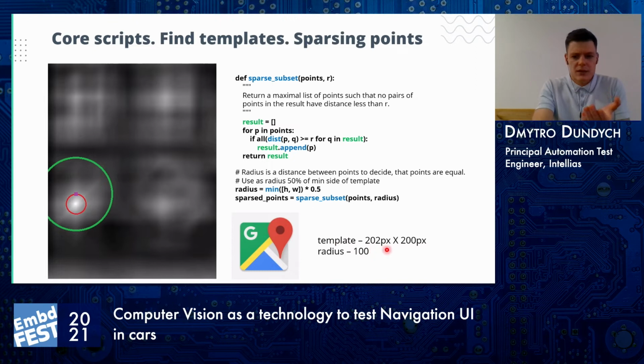If our template has 200 pixels width and height, we use half of that, so a radius of 100. And if all the points are in this big radius, we assume that it's the same point cloud, the same template.